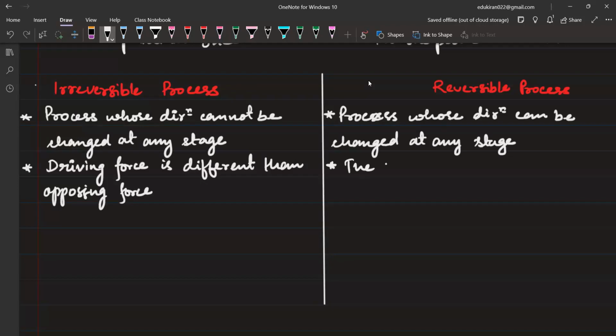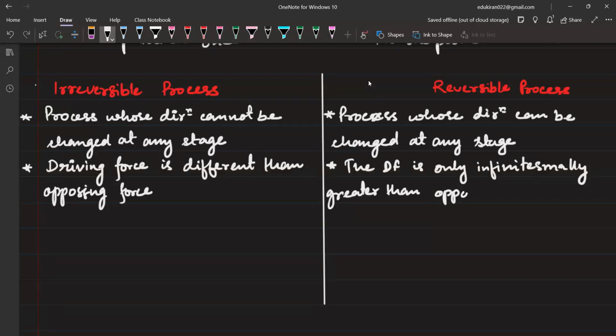You will write, the driving force dF is only infinitesimally greater than opposing force.